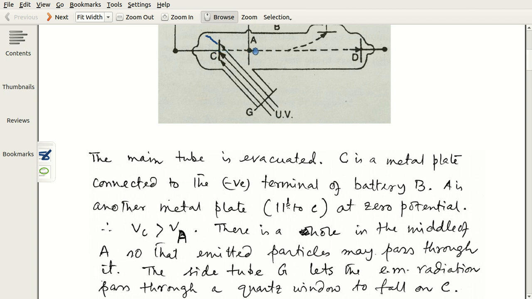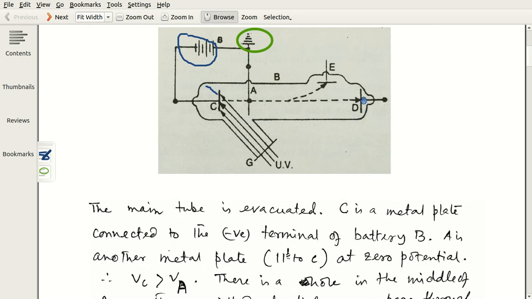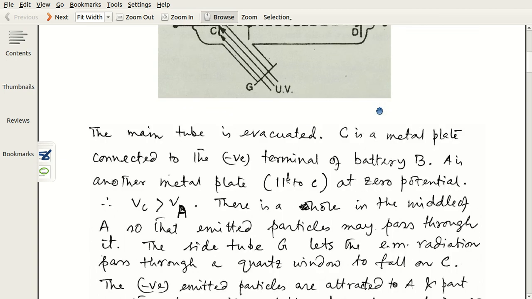Anyway, some charged particles that come out of this plate pass through the hole of A and go to D, and from D they are collected and put into a circuit which is not shown here, and a current is generated.